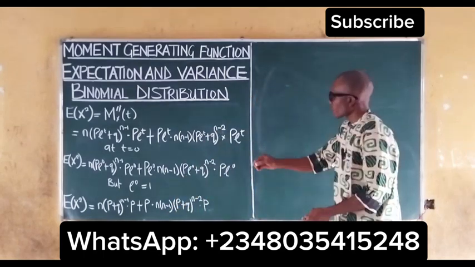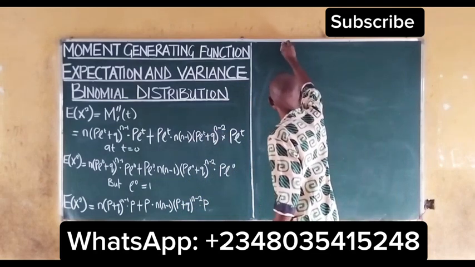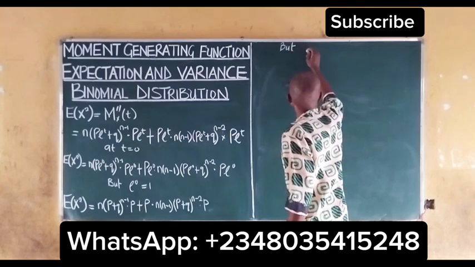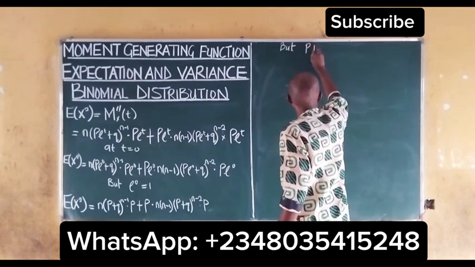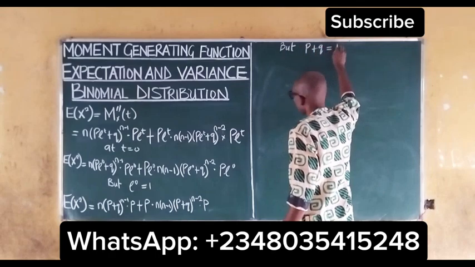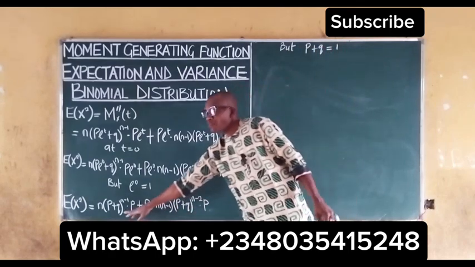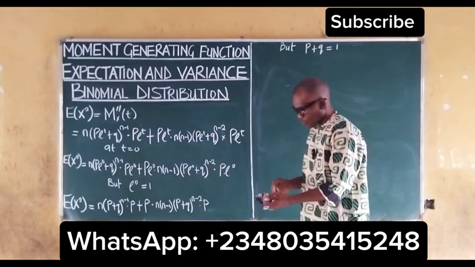Now, we come over here. But from probability, we have that p plus q is equal to 1. So it means that anywhere we see p plus q, we put 1.